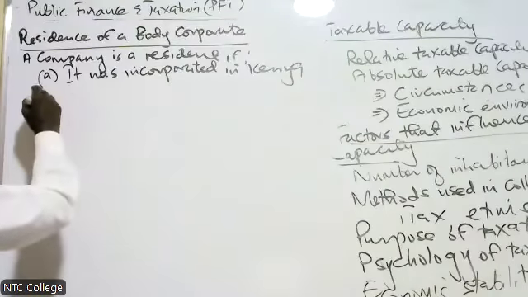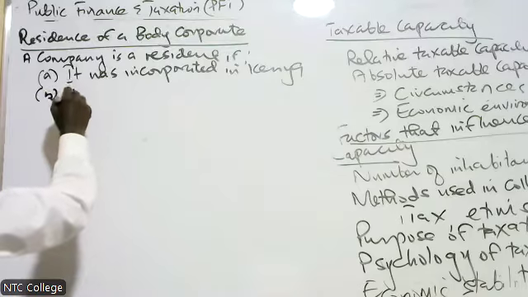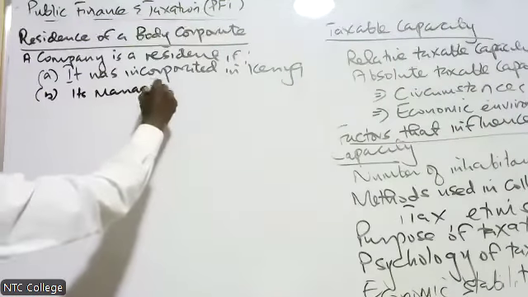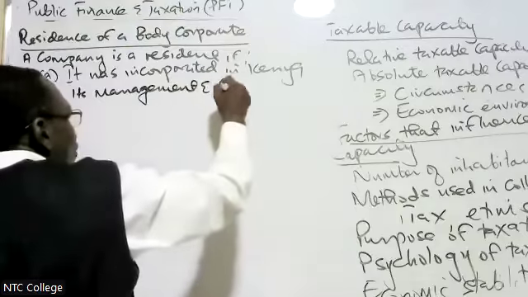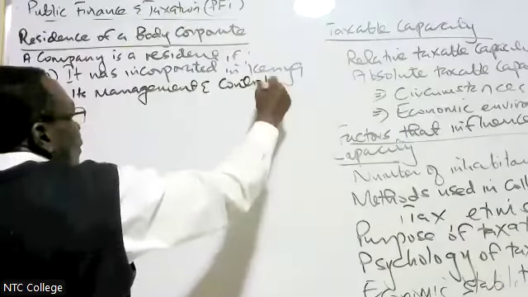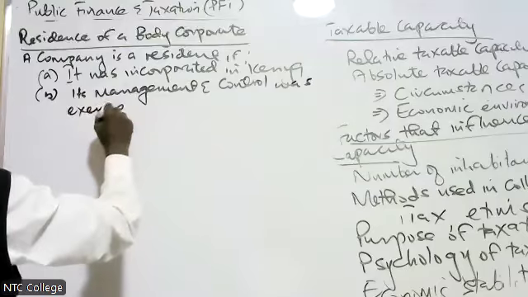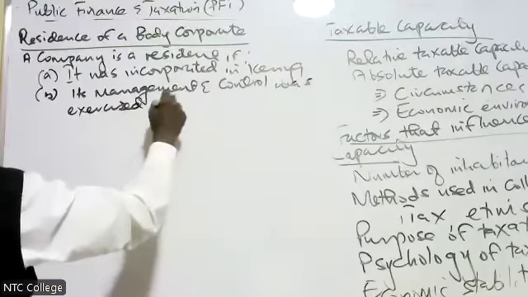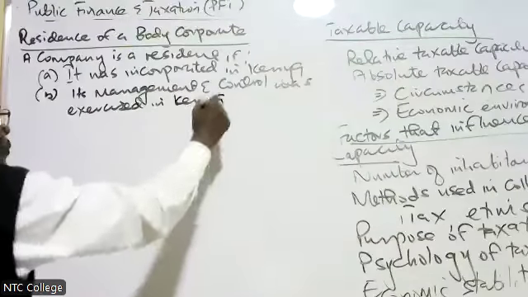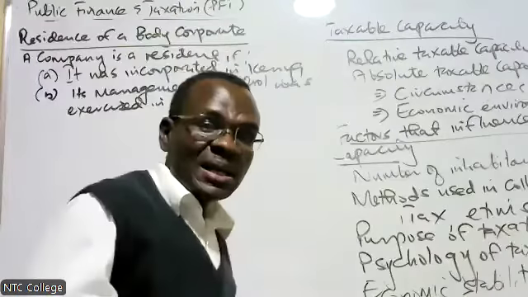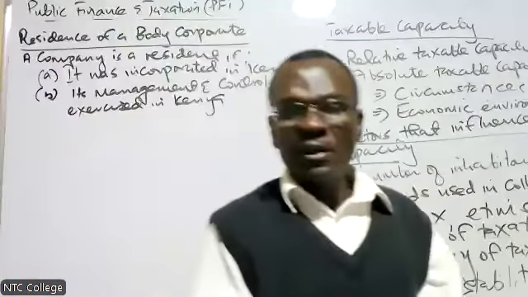Then B, its management and control was exercised in Kenya. So the company must have been managed from Kenya during the year of income.